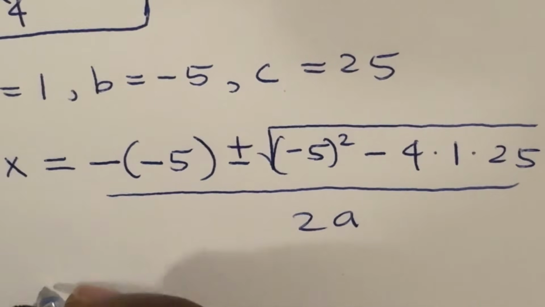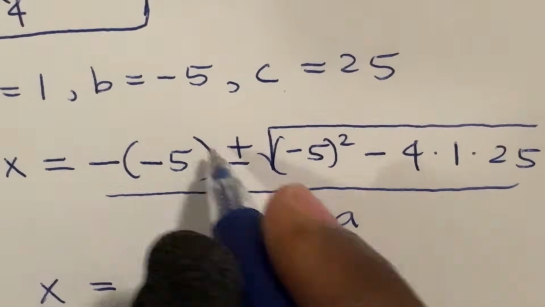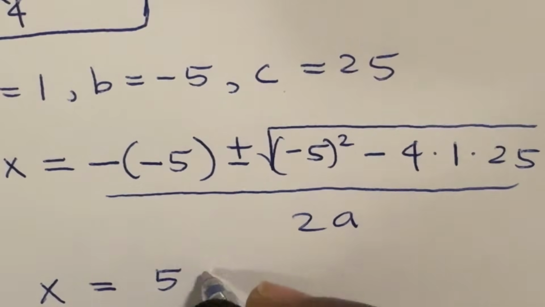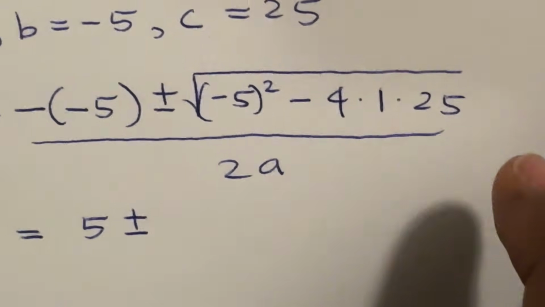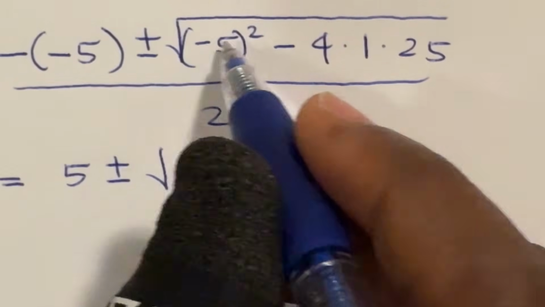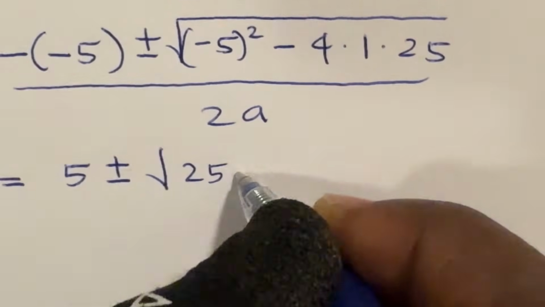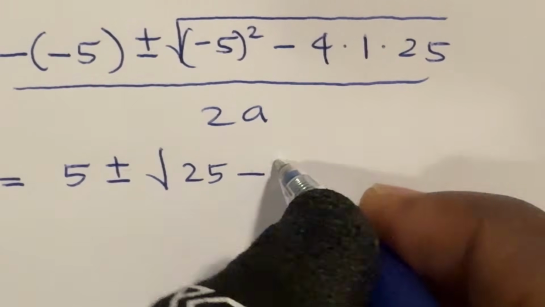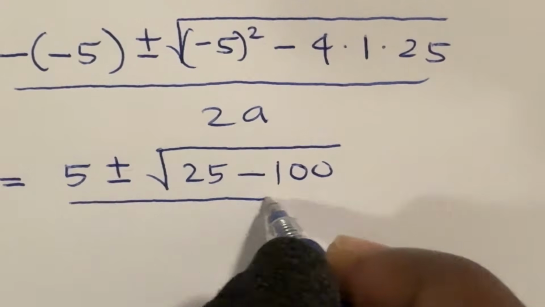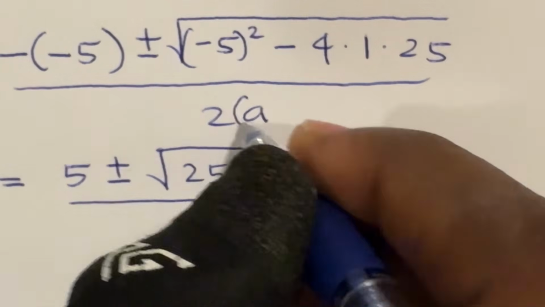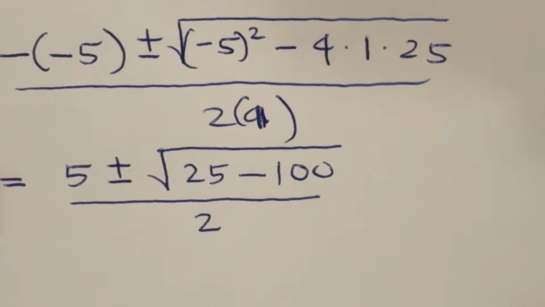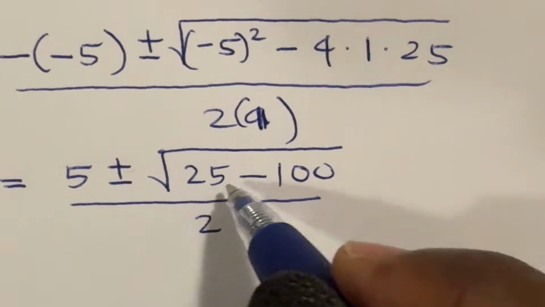So this gives us x is equal to -5 times -1 is 5, then plus or minus the square root of -5 squared here is 25, minus 4 times 1 times 25 is 100. The square root of that divided by 2. 2a here is 1 times 2. So this is -75.